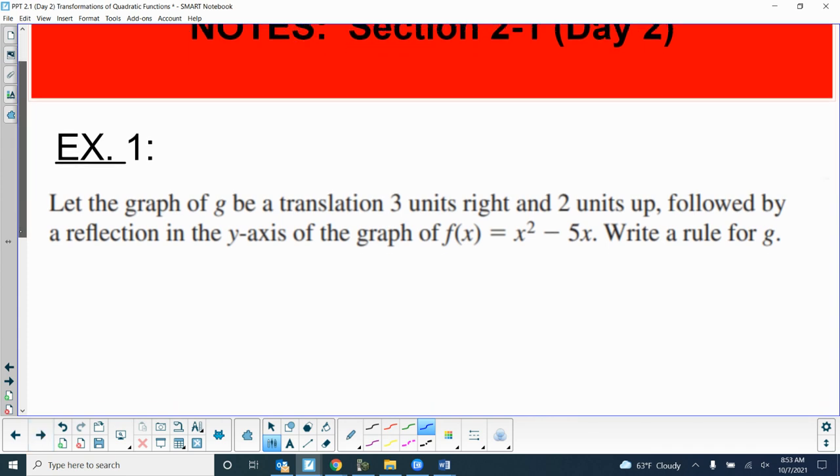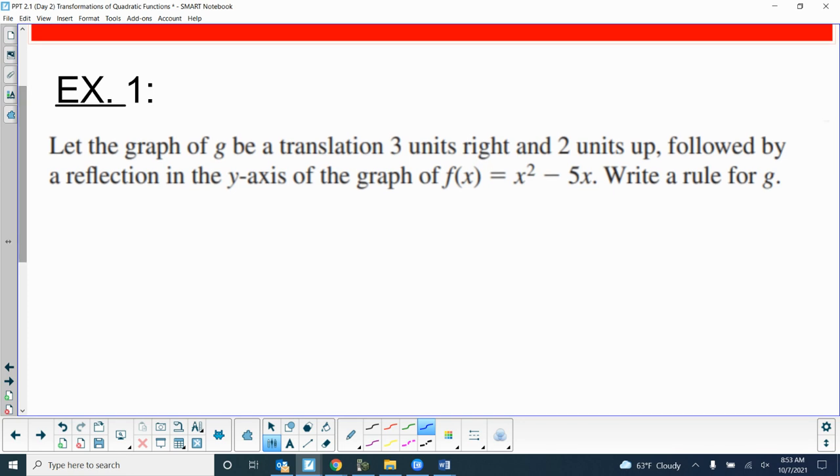So we just do these one at a time, all right? If we're moving it 3 units right, what are we doing to the x? If we're going right 3, what are we doing to the x? Subtracting 3, right?